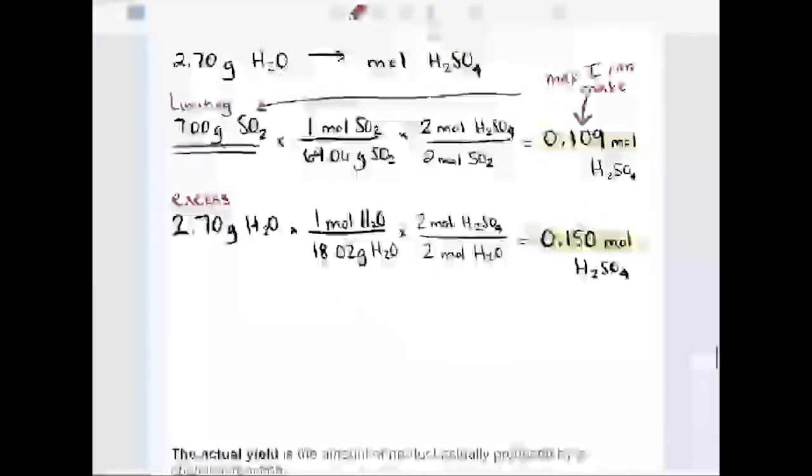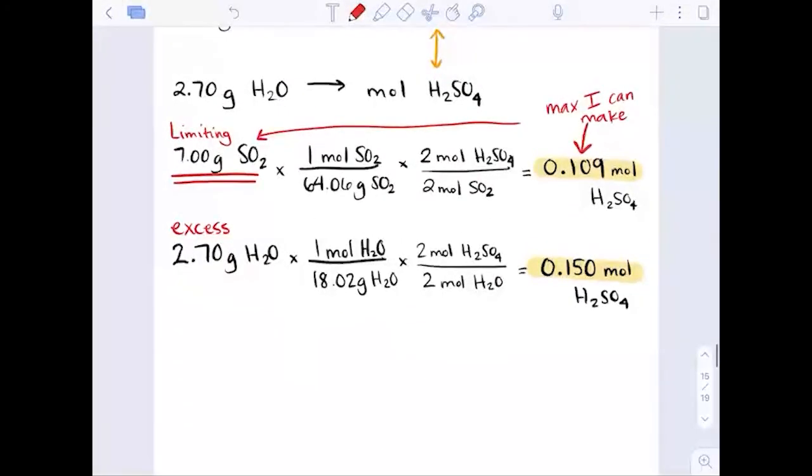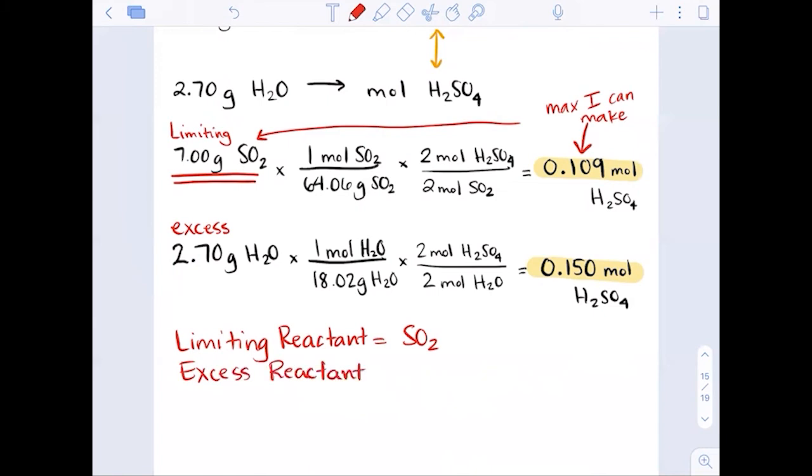So what we have learned from comparing these two numbers, the limiting reagent is the one that produces the smallest amount of product, and that is SO2. The excess reagent or the excess reactant is the one that could produce more, but it's not going to because of the limiting, and that excess reagent is water.